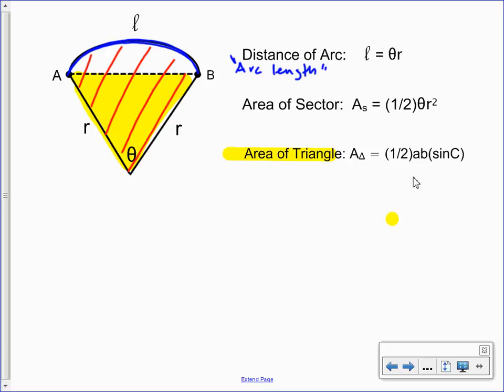So it's half the two sides times the sine of the angle between. Side, angle, side. Okay, that was easy.